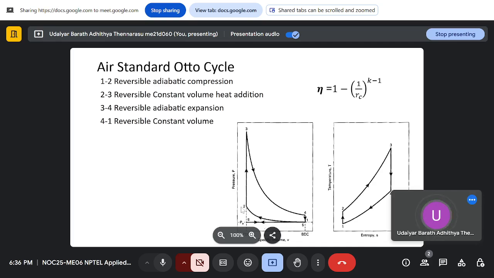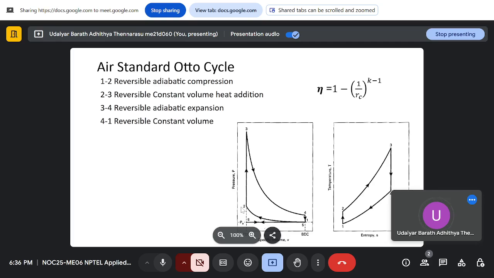Once it reaches the top position, at constant volume you are igniting the fuel-air mixture, and the heat is added. Then it goes down.